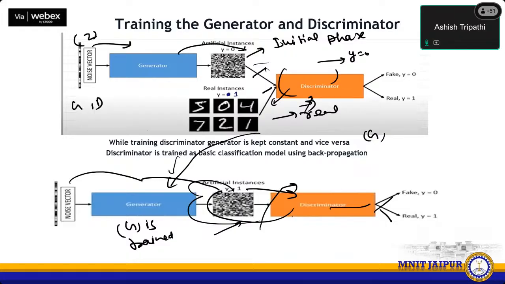Got it? And we will keep on looping unless and until we are able to fail the discriminator. So if for fake the discriminator is saying 0 and for real the discriminator is saying 1, that means the task of the generator is not over. We have to train it further.